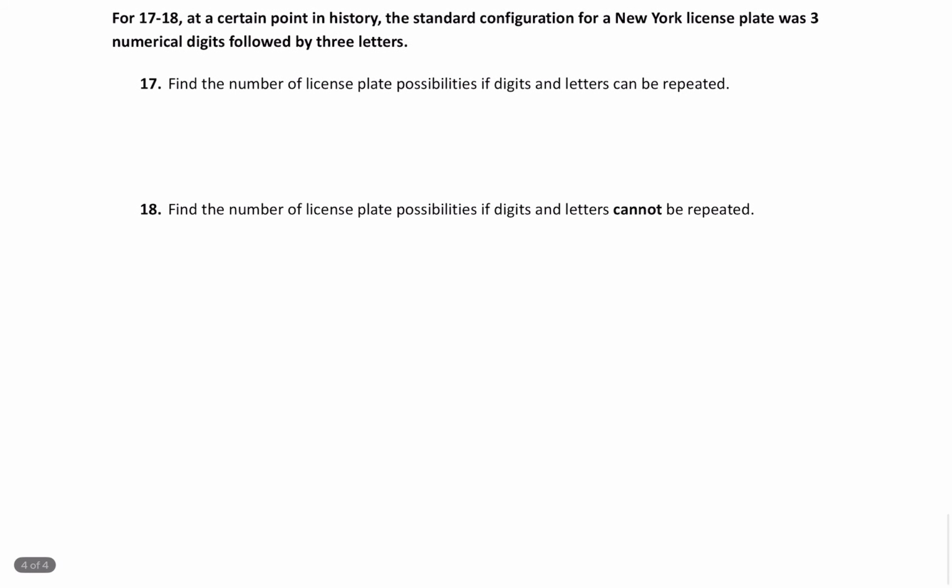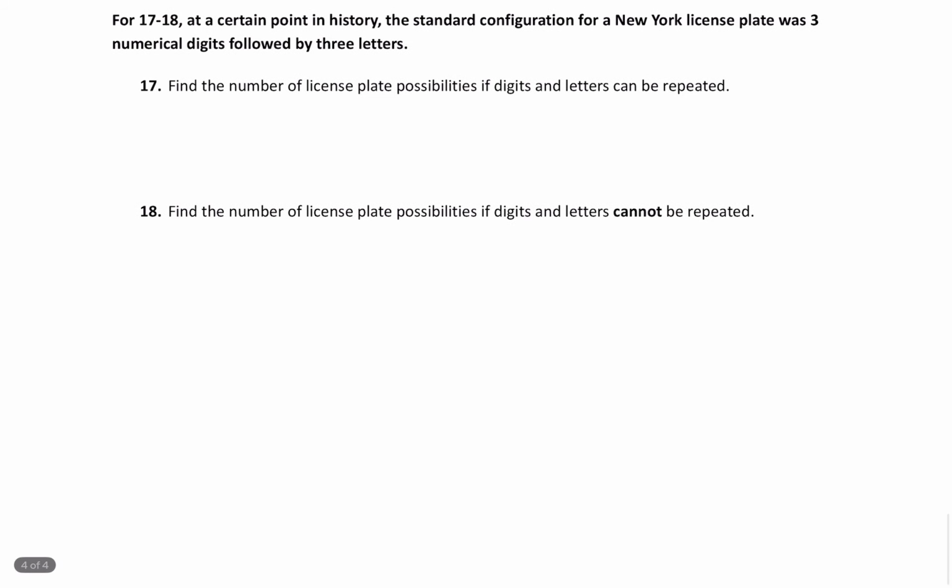Okay, now looking at our last few examples here, at a certain point in history, the standard configuration for a New York license plate was 3 numerical digits followed by 3 letters. So we want to find the number of license plate possibilities if digits and letters can be repeated.